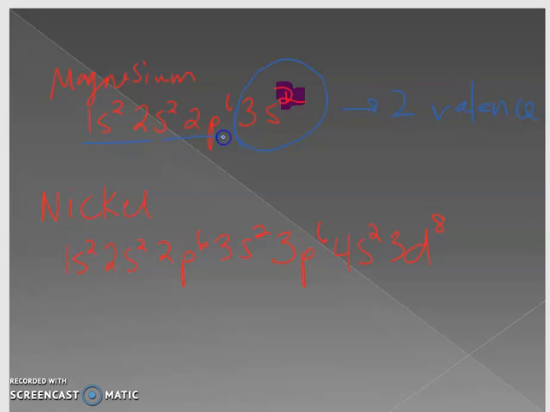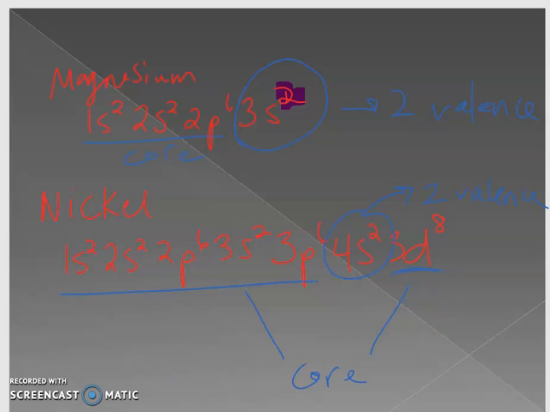The rest of these ones would be our core. If we look at nickel, then nickel has 4s2 and then 3d8. So these 3d and then everything leading up to 3p, these would be the core, because again, even though it's higher energy, it's still closer to the nucleus, and then we would have 2 valence electrons.